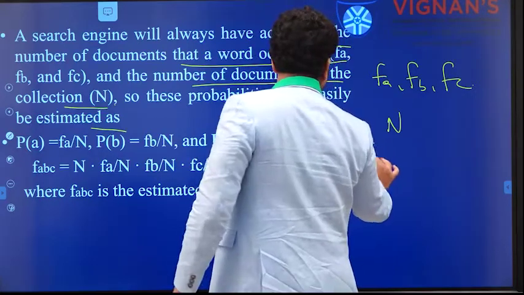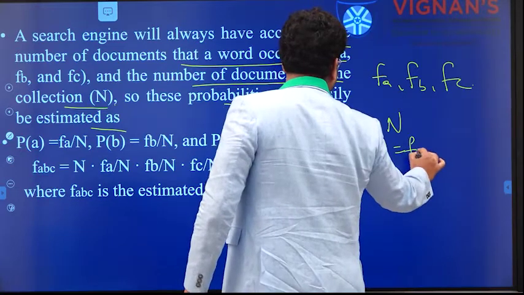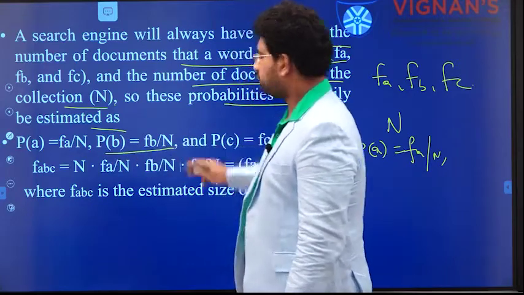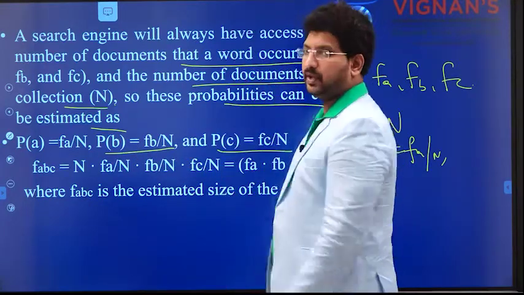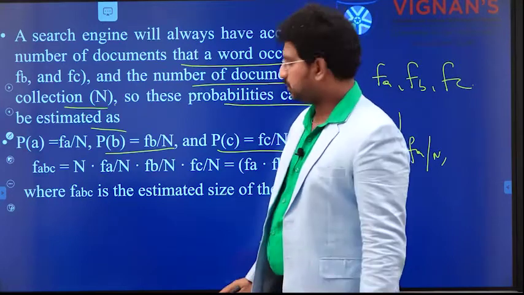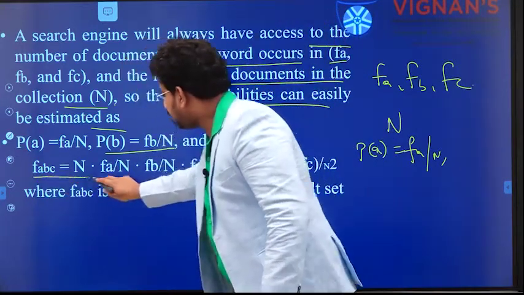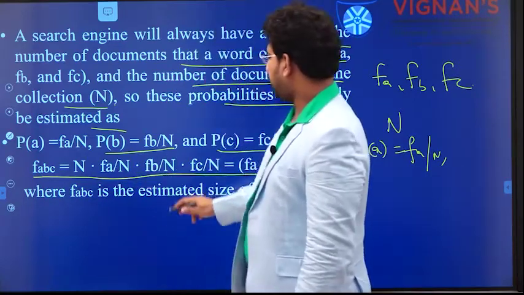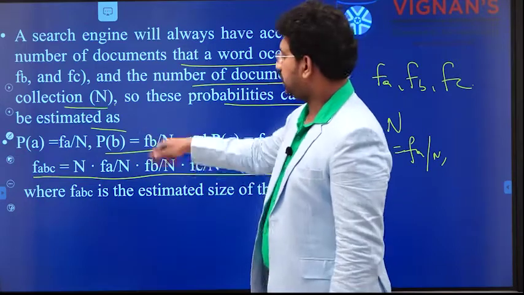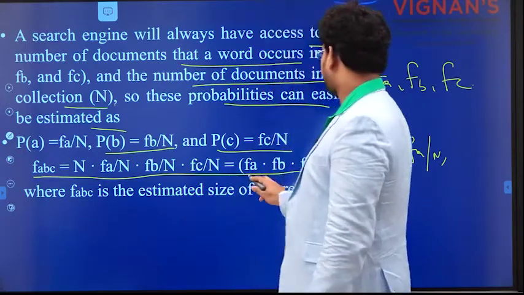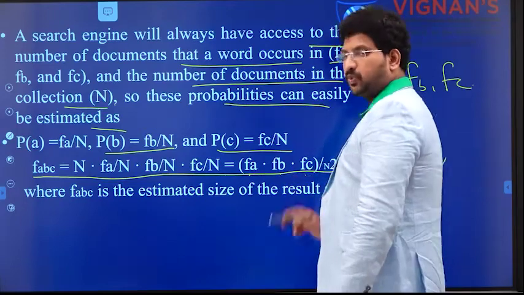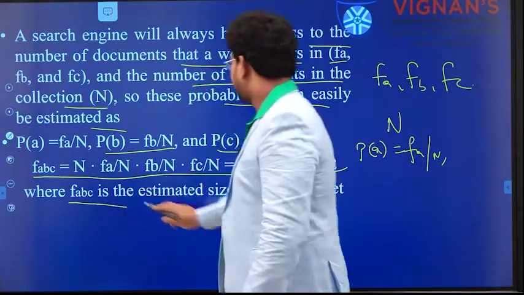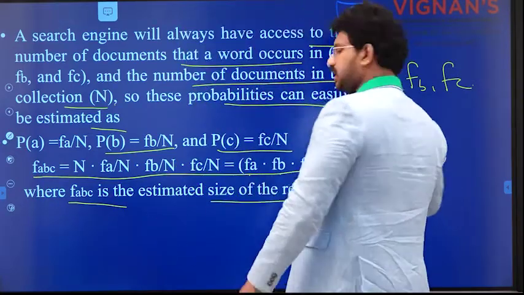P of A equals FA by N. Like that, P of B equals FB by N and P of C equals FC by N. Then you can write FABC equals N into FA by N, FB by N, FC by N. When you solve this equation, you get FA into FB into FC by N square, where FABC is the estimated size of the result set.